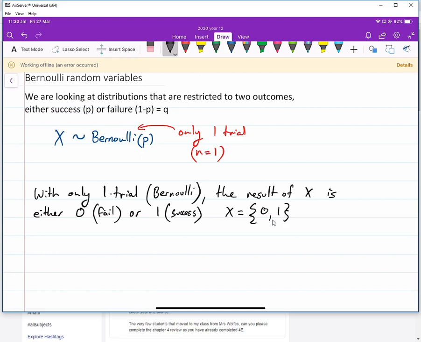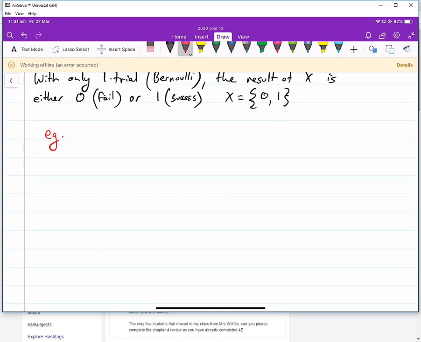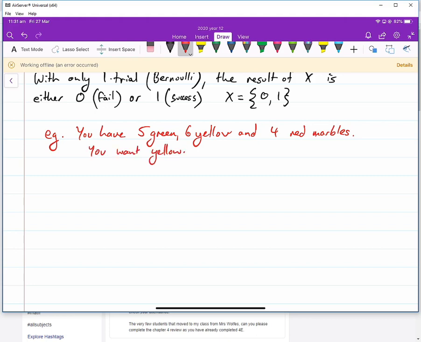So for example, say you have 5 green, 6 yellow, and 4 red marbles. If you want a yellow one, even though there are 3 colours here, we could actually say it's a Bernoulli distribution.